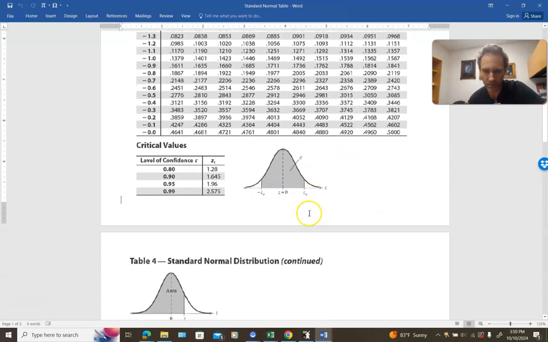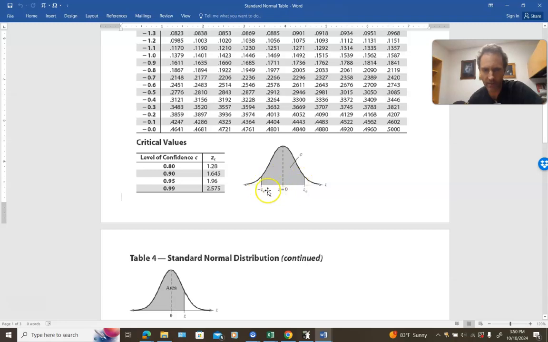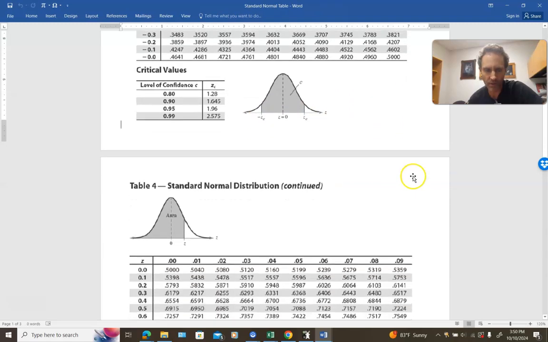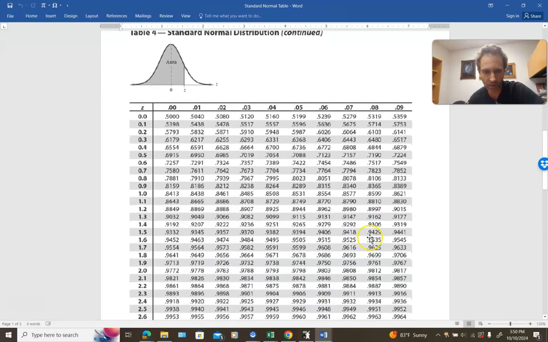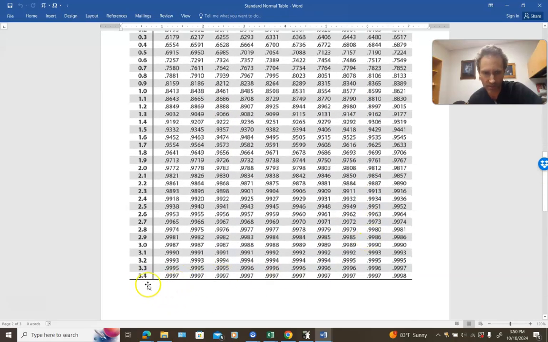Here would be an instance in which you were trying to find the area between a lower z-score and a higher z-score. And here's an example. See, now we get into the positive values of z. So here we're to the right of the mean. So how much area is going to be under the curve? Well, it's going to be more than 50%, and all these values are more than 50%, all the way up to, look, as far as it'll go is 3.49.